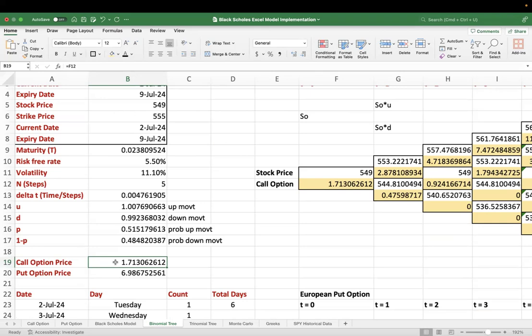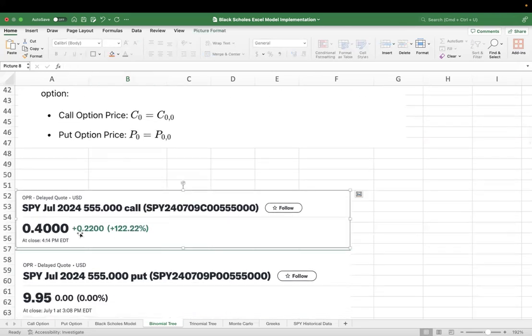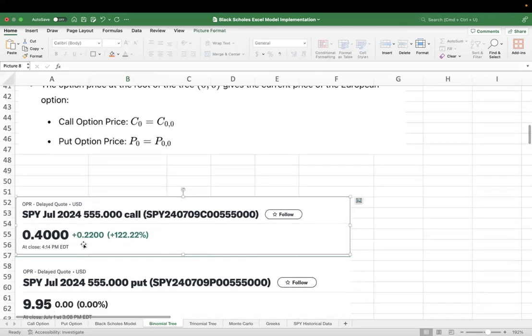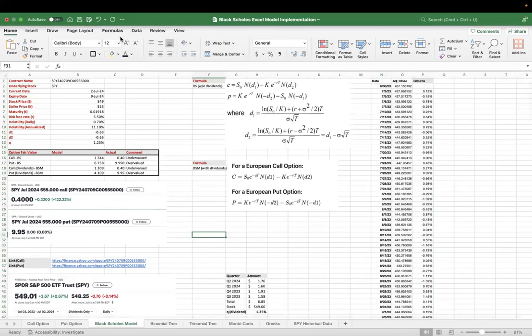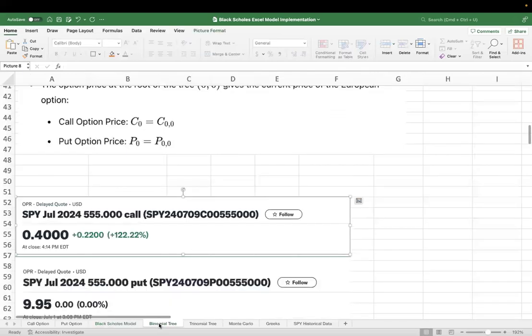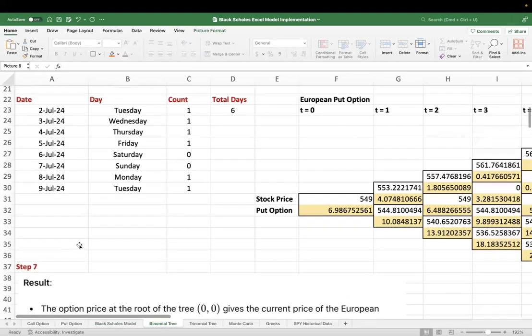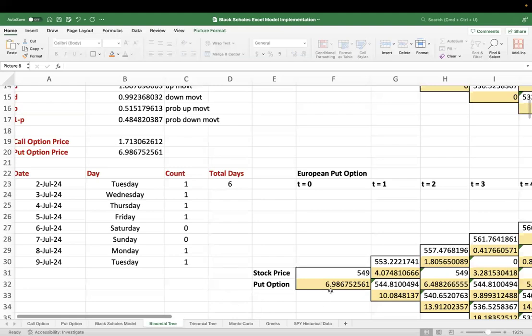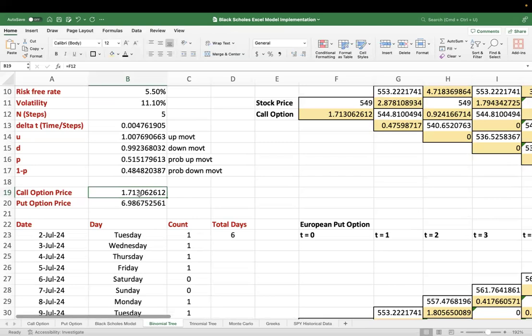This option was trading at 0.4, and the actual price is 1.7. So this is undervalued.